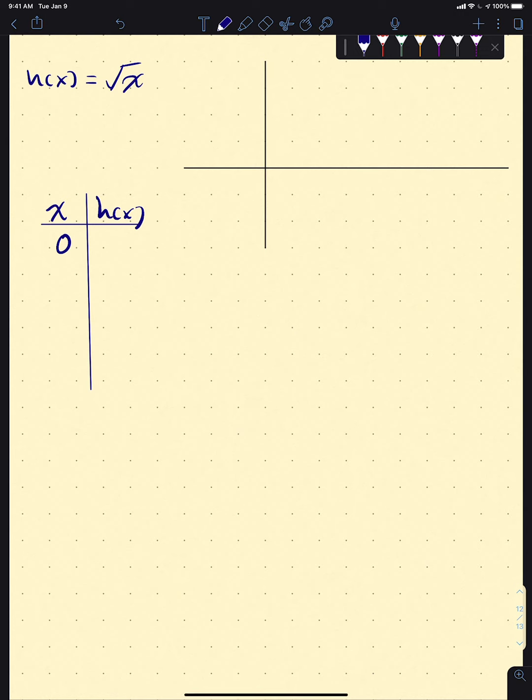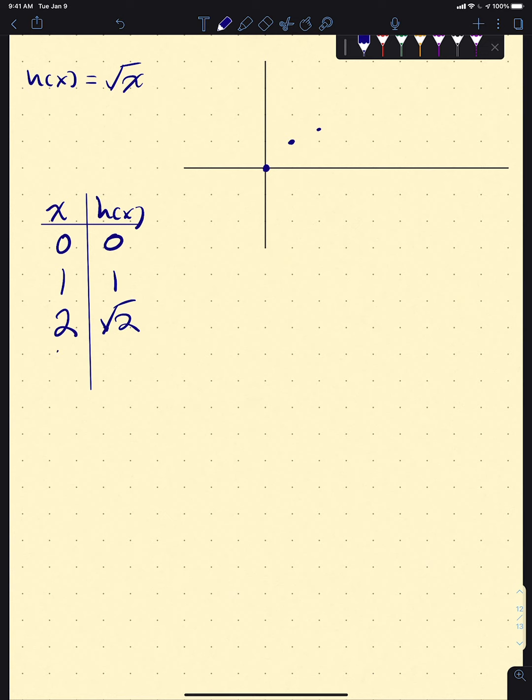So let's start there. As we've said, the square root of 0 is 0. We can try 1. The square root of 1 is 1 again. And let's say the square root of 2. The square root of 2 is about 1.41, but we'll just write the square root of 2 here and draw it somewhere around there.